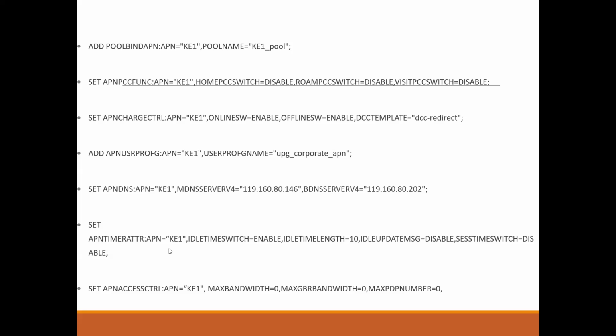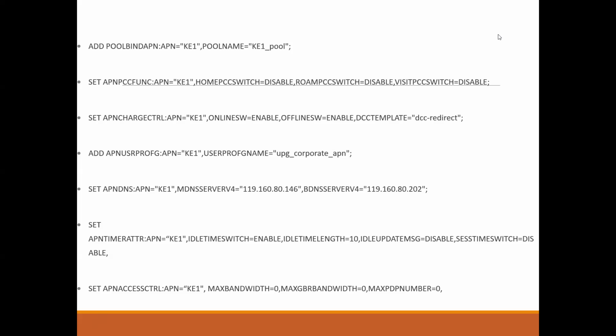Set APN access control. The access control, as we discussed, we can specify what is the maximum bandwidth, what is the maximum GBR, and what is the maximum PDP number. Slides, we will see if I can share or not. Okay, I'm not committing on this. We'll see if we can share it or not.